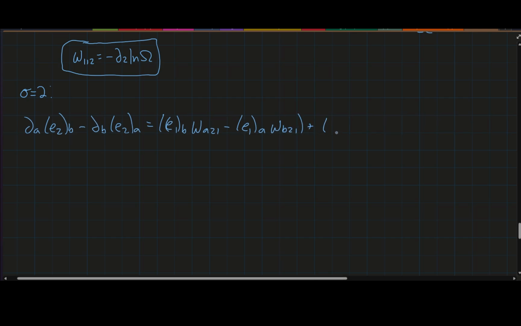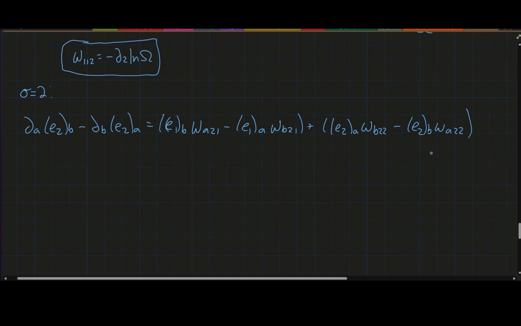plus, and we get E2A WB22, oops, minus E2B WA22.